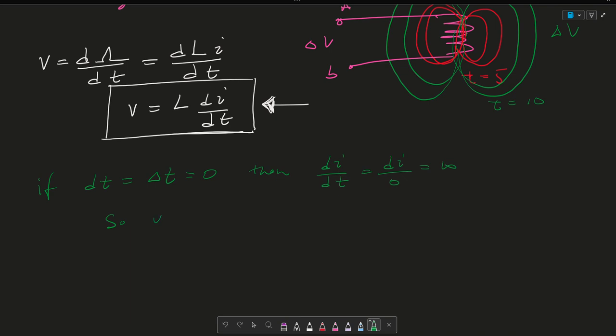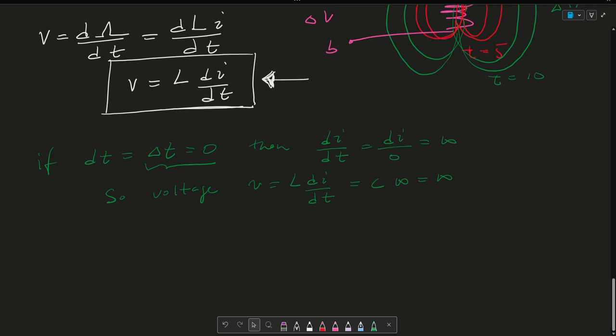So voltage V equals L di over dt equals L times infinity equals infinity. But again, obviously this V is limited because we can't really get a time equal to 0, right? So for a very, very small change in time, voltage changes instantaneously, right? And it's limited by the maximum current that you put in or your inductor value, things like that.